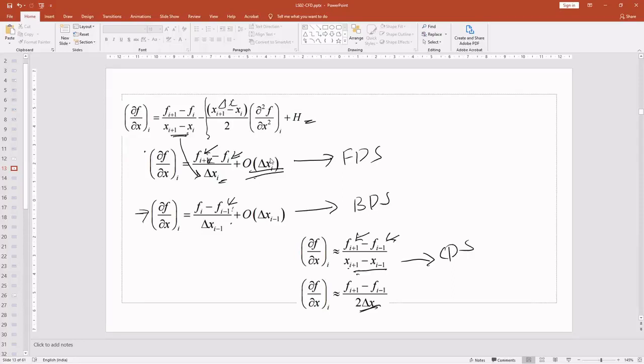But in the central difference equation, we need the information from behind and forward, from both sides. Most of the methods sweep from one point to another.